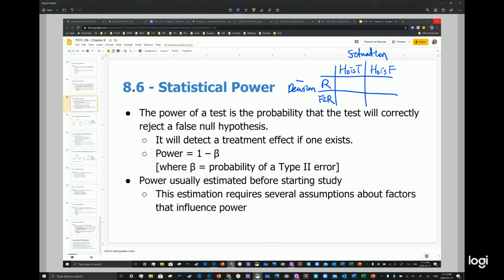If the null is true, you're supposed to fail to reject it. So that's correct. If you reject the null when the null is true, well, that's type 1 error. And the probability here is alpha. Whereas in that same null distribution, assuming that the null is true, failing to reject it would be a correct decision. Therefore, it's 1 minus alpha.